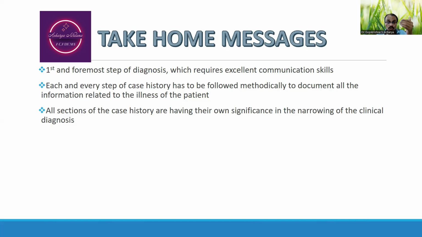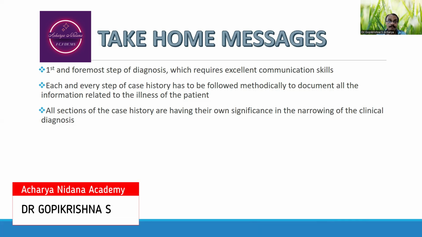In this way, you have to note it down. When you are speaking about history of present illness, if the person is not having pain, in that particular situation, the document should have onset, duration, severity, course of the symptom, aggravating and relieving factors, and the negative history.